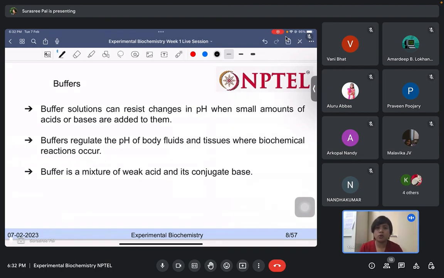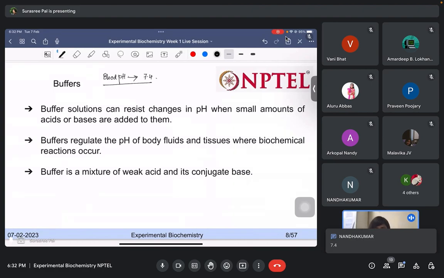So can anyone of you tell me what is the pH of blood, or what is the pH of our body fluids? Very good. So our blood pH is approximately 7.4, or the pH of our body fluid or tissue fluid is 7.4.